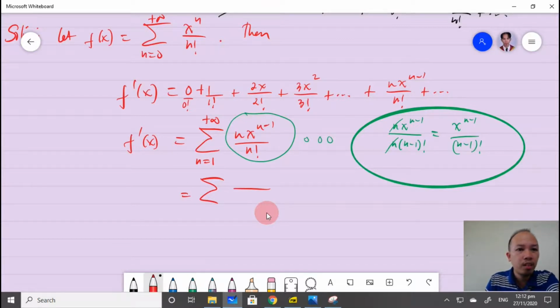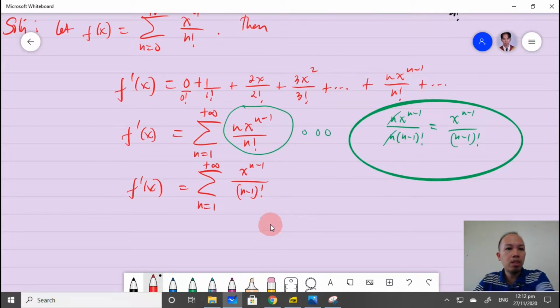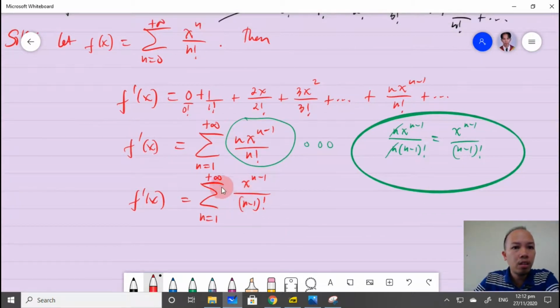So x to the n minus 1 over n minus 1 factorial, where n starts from 1 to positive infinity. What we will do here is that, notice that in this expression and the given one, if we replace our n minus 1 here by n, it will be the same.